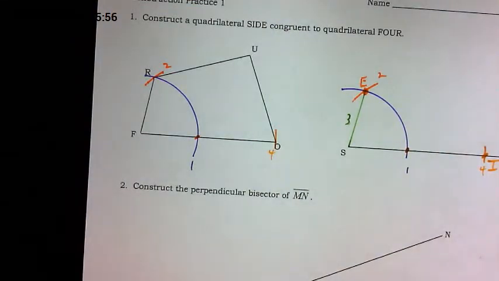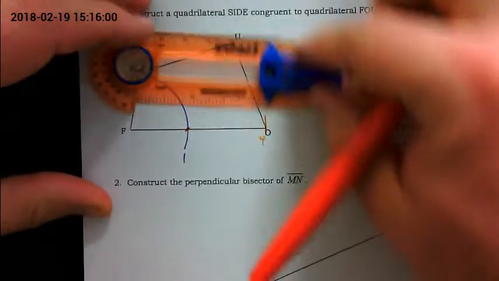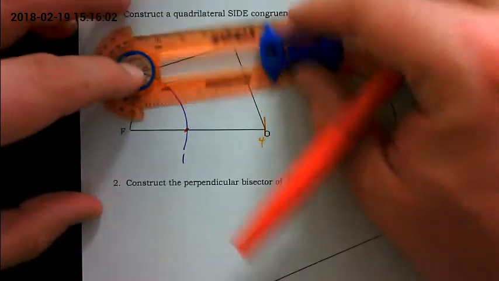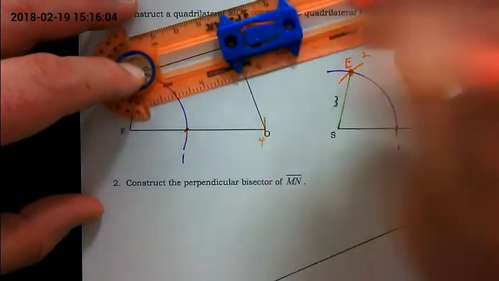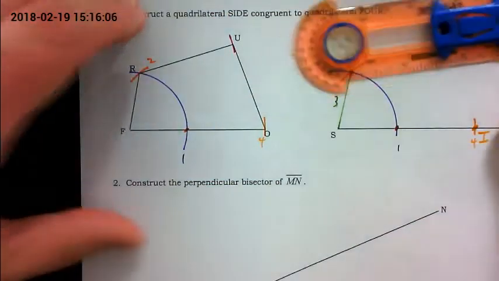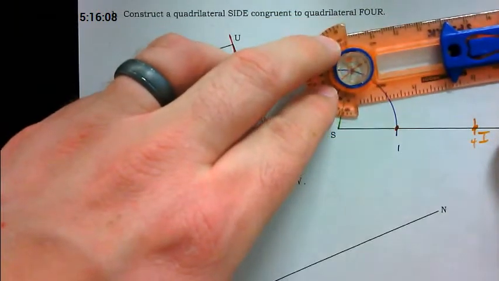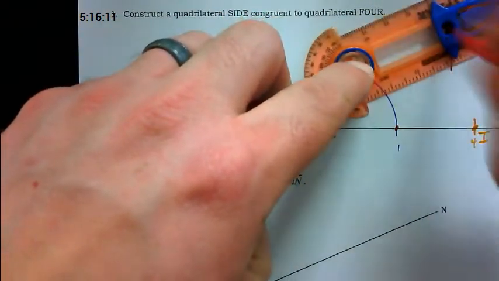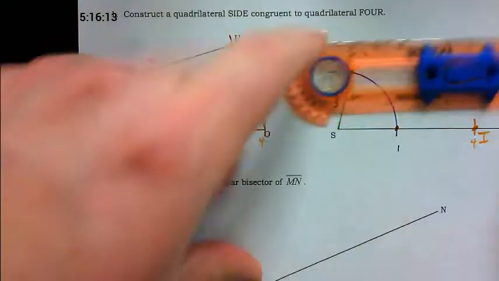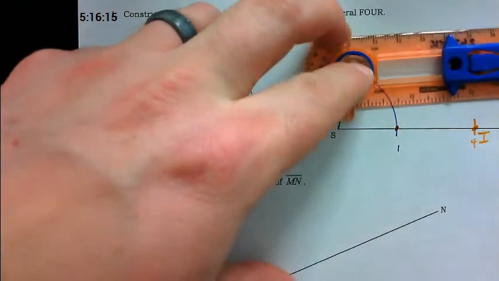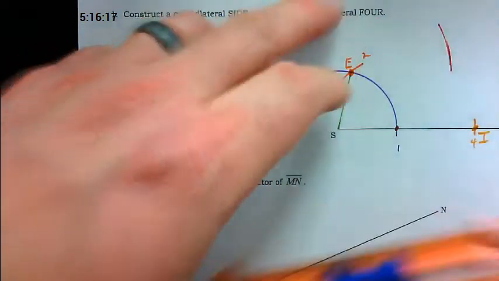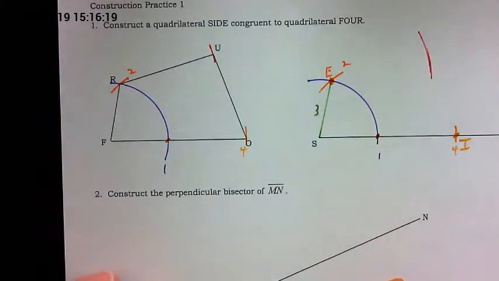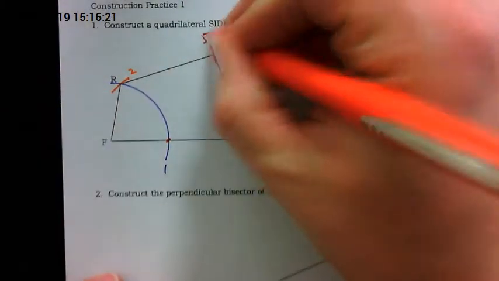And then we can go ahead and do the other 2 arcs. So RU, and adjusting my compass. Come over here to E, mark it off. I don't think it went high enough, so we can always extend that a little bit higher. Yep. So that would have been step 5.